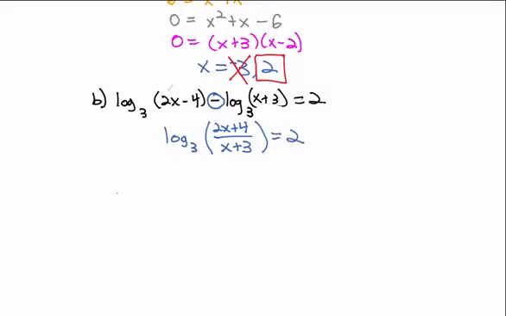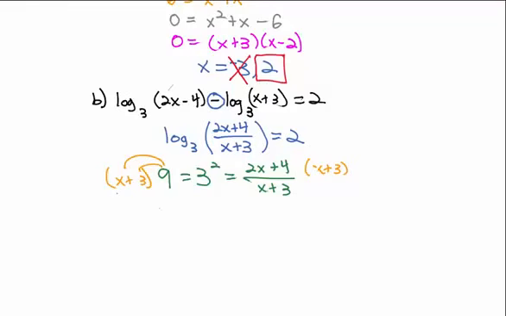Now that we have a single log, we can convert it to an exponent. 3 squared equals 2x plus 4 over x plus 3. And 3 squared, we know that is 9. And so now we can solve this simple problem by clearing the fraction, multiplying by x plus 3 on both sides.